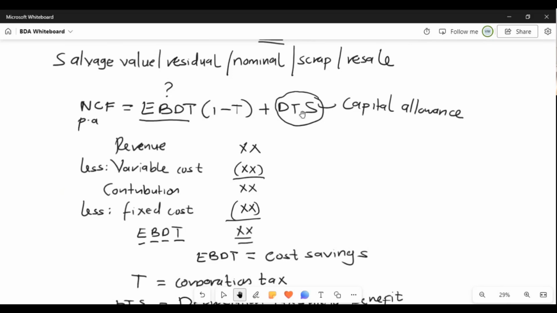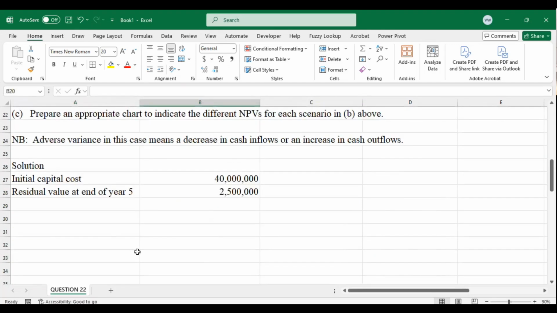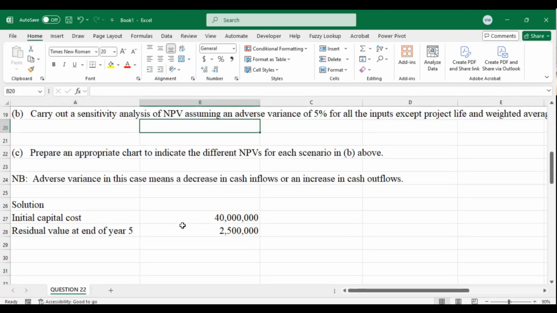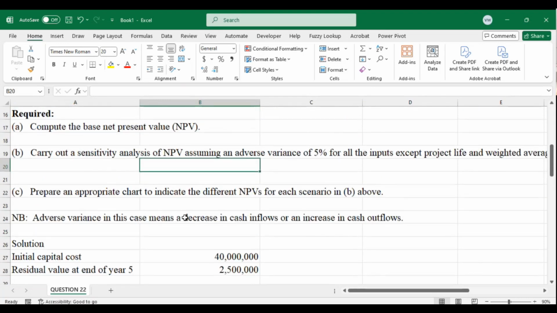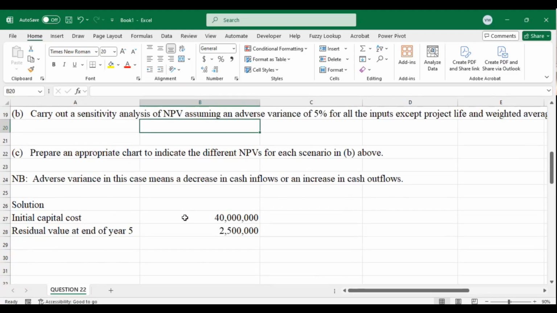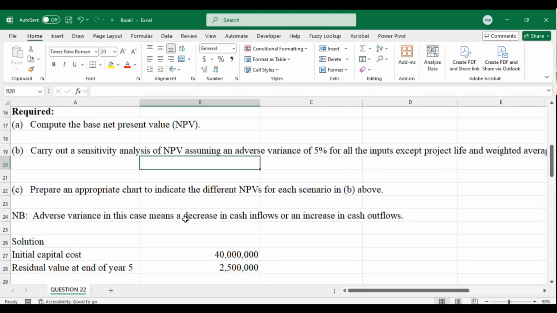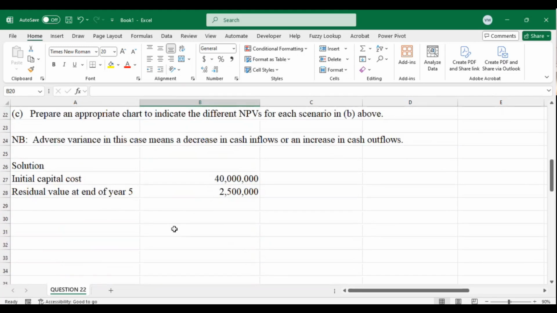There are students who choose to ignore that aspect and assume it does not exist, and there are students who still choose to incorporate that. So depending on what you do, what is important is you have to be very sure about what you are doing, because the whole idea is to test knowledge of the concept. If you decide to introduce tax in the question, then it means that you have to bring that assumption.